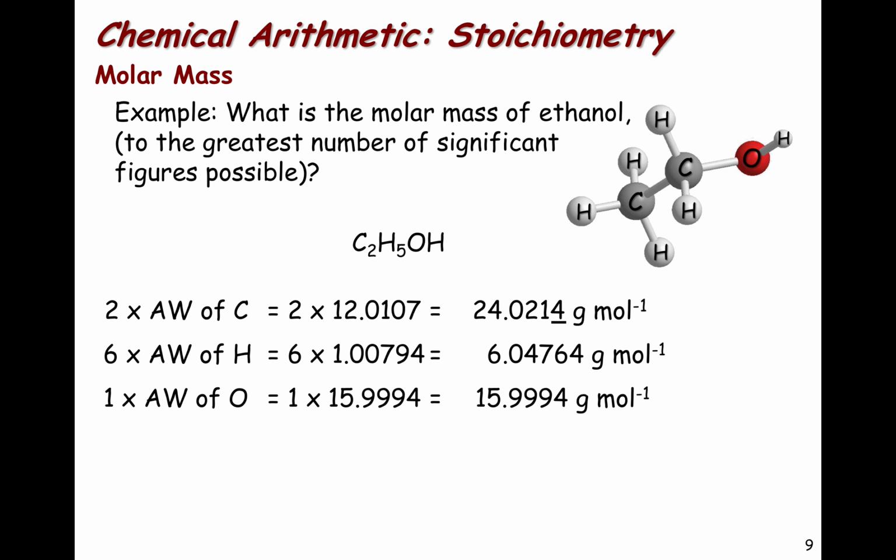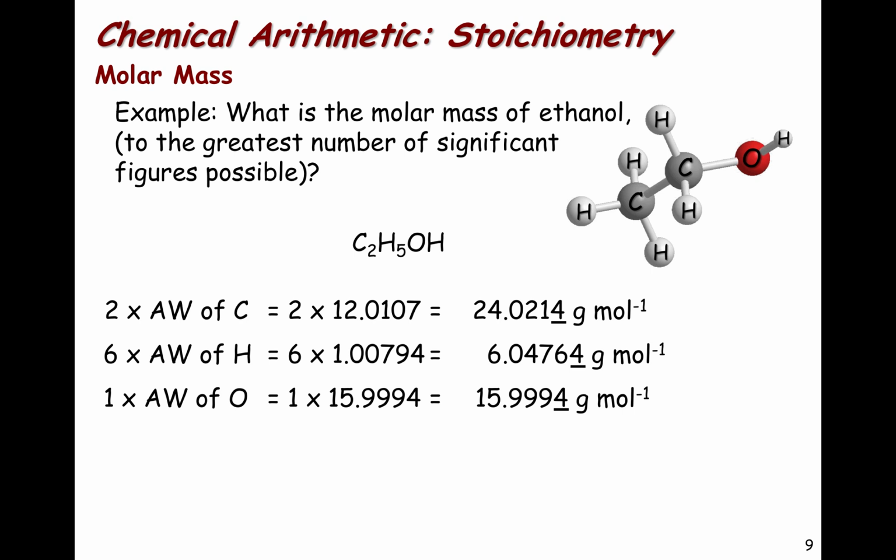The sig figs come from the atomic masses. And so now we have to add together all of the significant digits, taking into account where the least significant digit is located. For the carbon atoms, we have a digit in the 10,000th place, the 4. In the case of the hydrogen, the digit is 1 place to the right. And for oxygen, it also is the 4 in the 10,000th place.